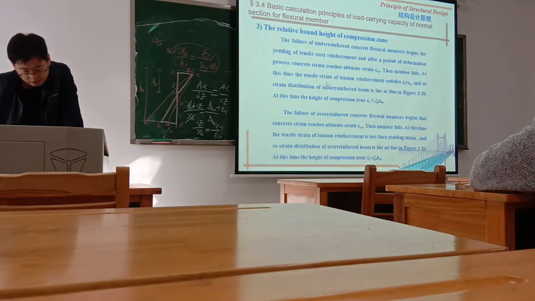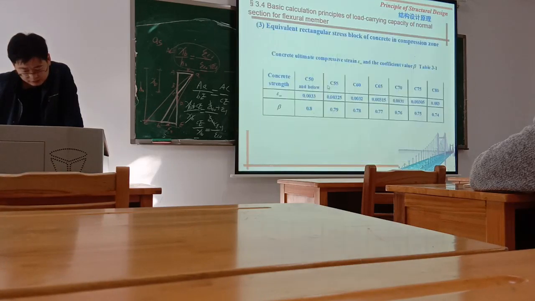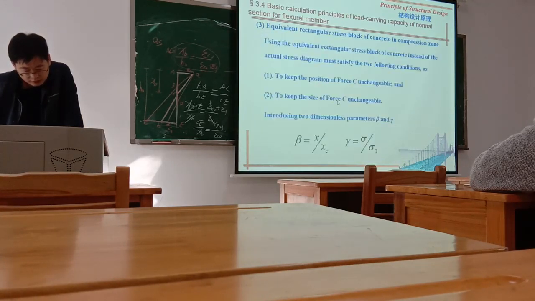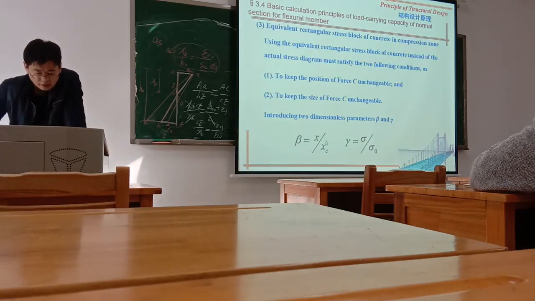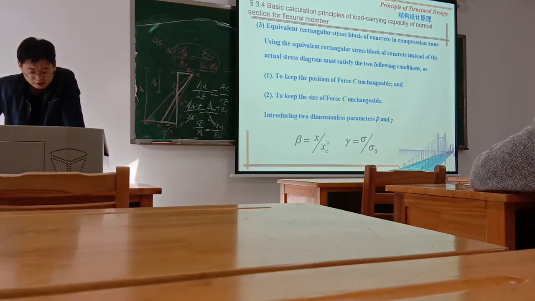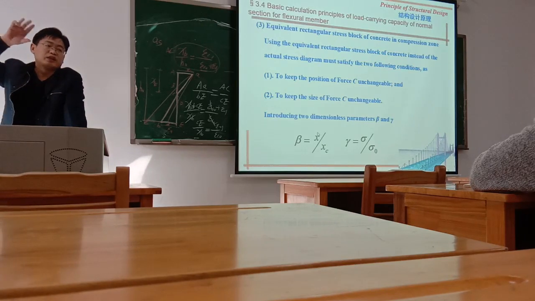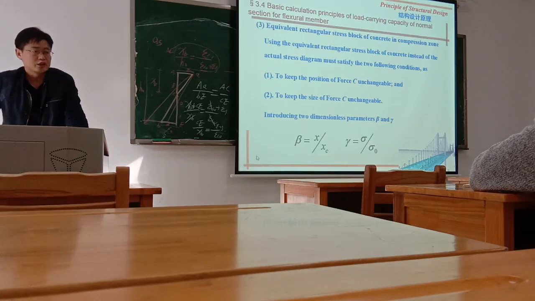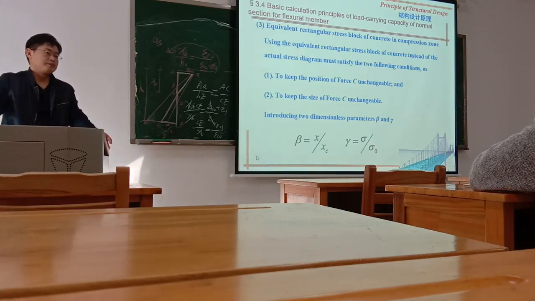So we go back to see the definition of beta. Beta equals x divided by xc. Yes, the definition here is no problem. x is the equivalent height of the rectangular stress block, and xc is the real compression height.